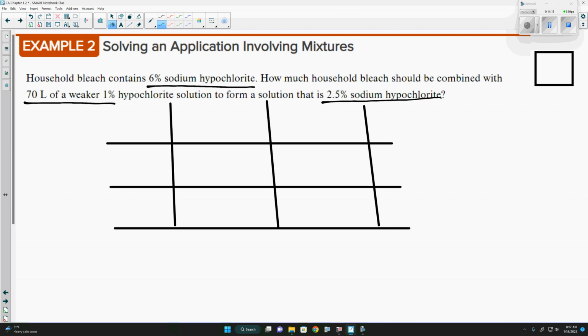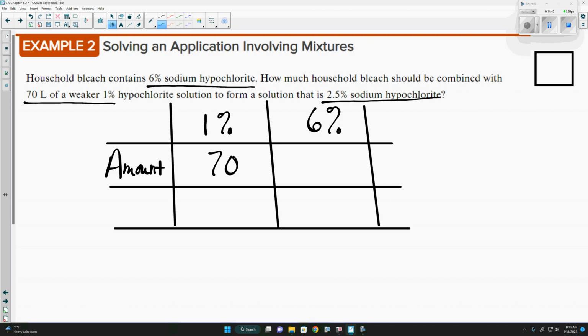So we know one of them is 1%. And we know the other is what? 6%, yes? So do we know the amount of 1%? 70.